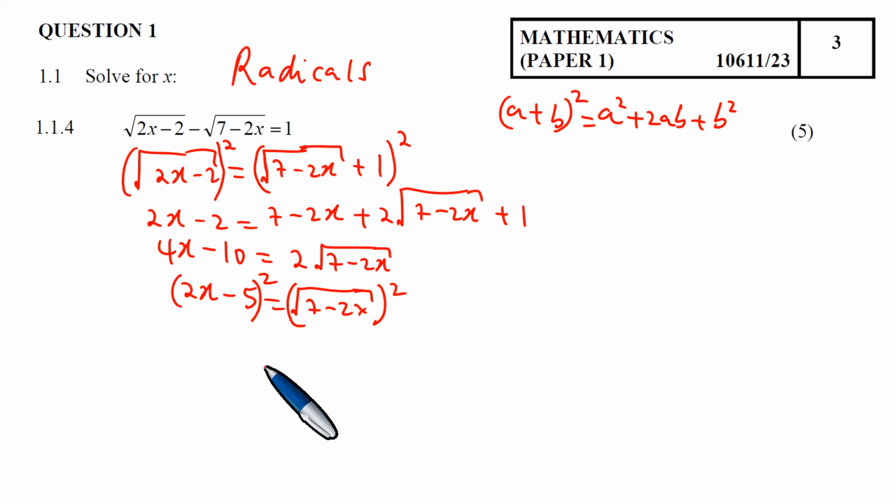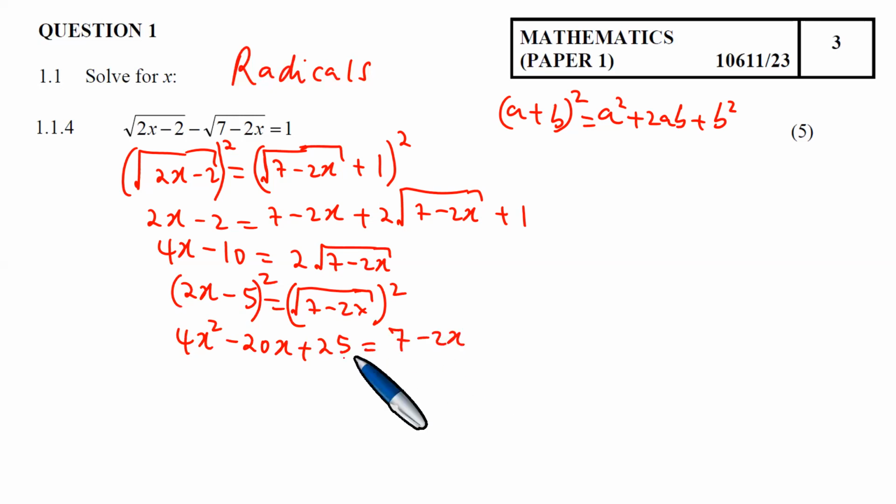This is the step we get: 4x squared, then 2x times 5, which is minus 10, times 2, which is minus 20x, plus 25, which equals 7 minus 2x. So at this point you have 4x squared minus 18x plus 18 equal to 0.